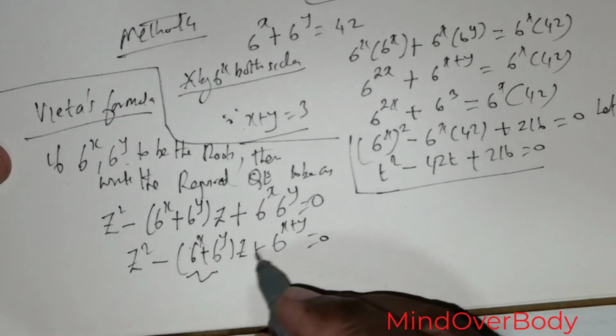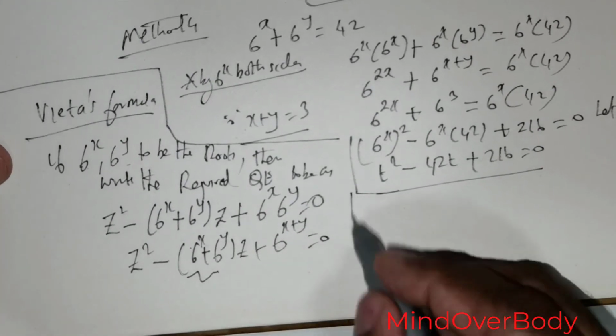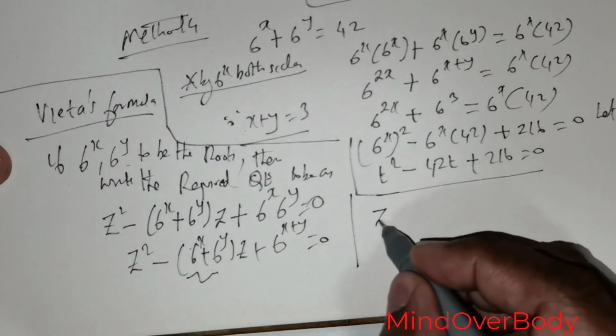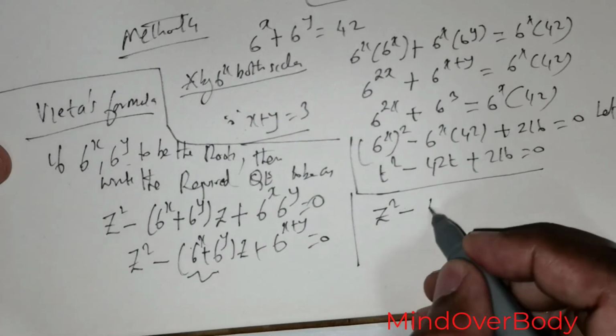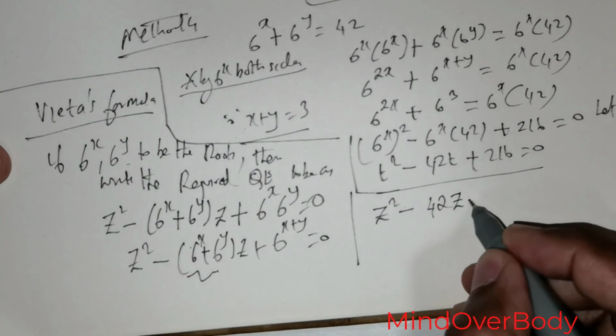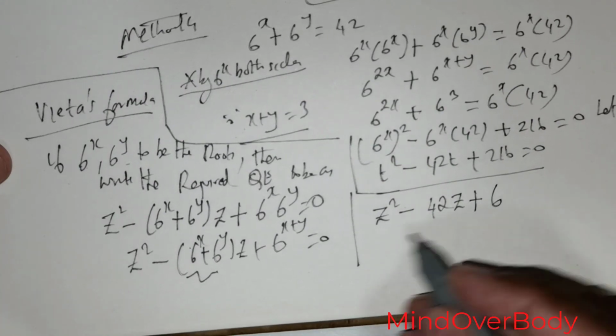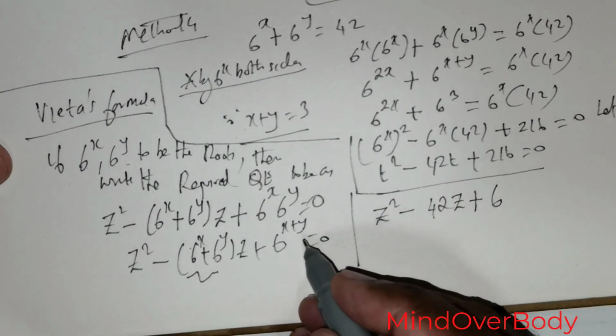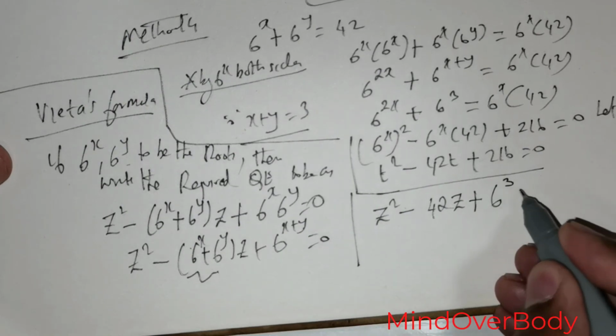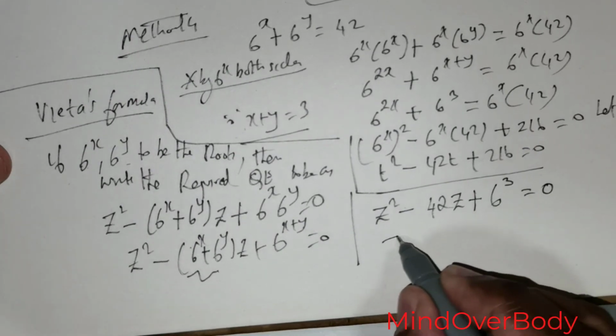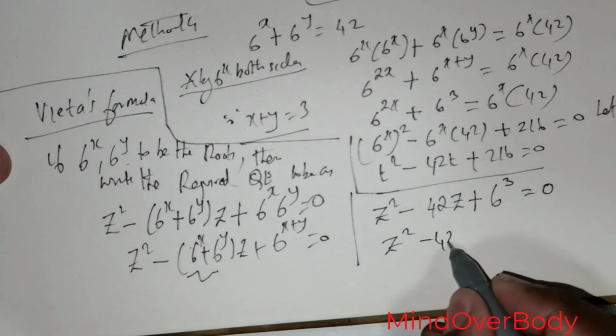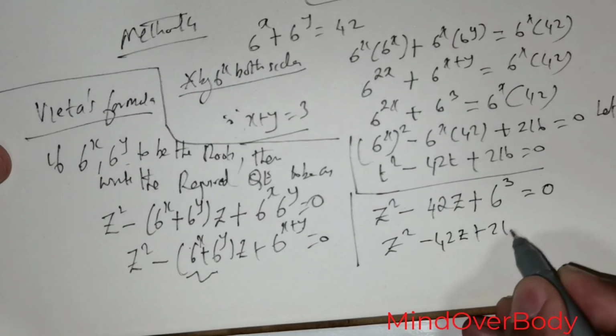Now 6 raised to the power x plus 6 raised to the power y, that's given to be 42. So this is going to be z squared minus 42z plus. Now x plus y is given to be 3 in the system, so this is going to be 6 cubed, equal to 0.